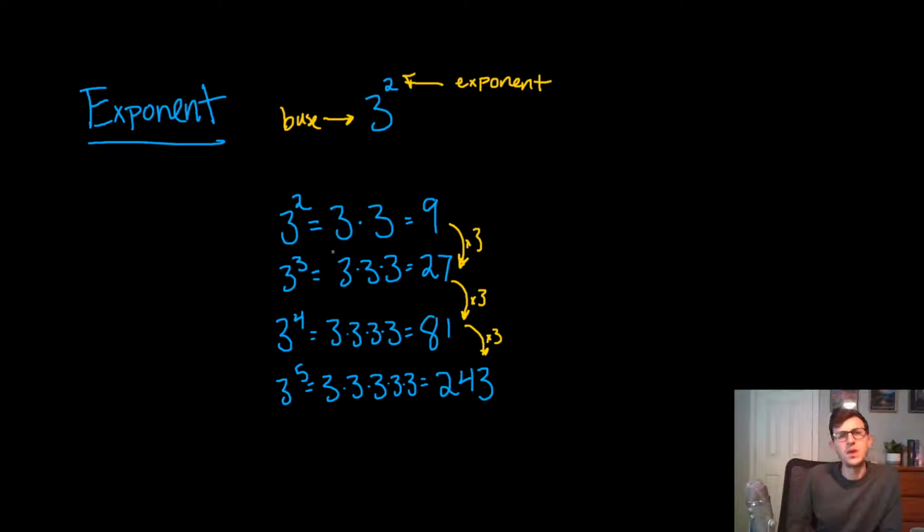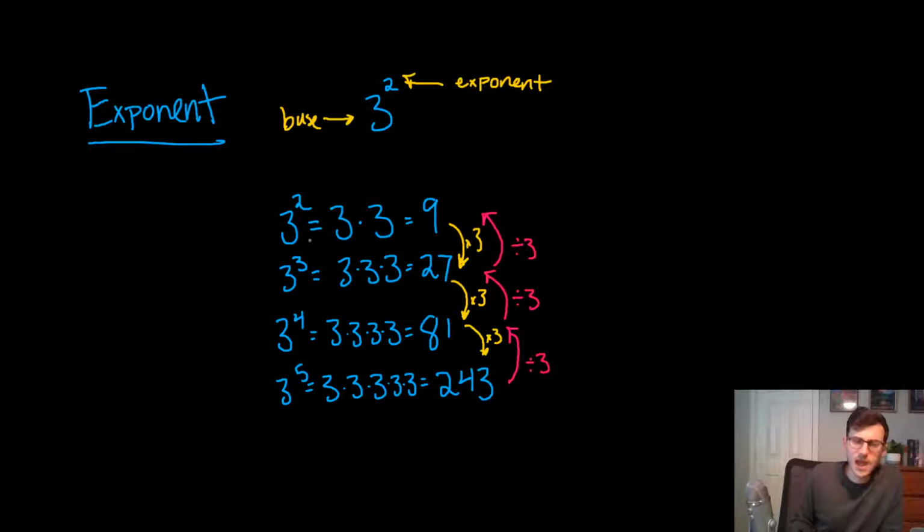But what would happen if you went in reverse? How do I get from 243 to 81? Well, I divide by 3. And 81 to 27, I divide by 3. And 27 to 9, I divide by 3.